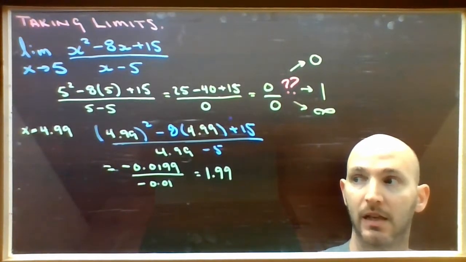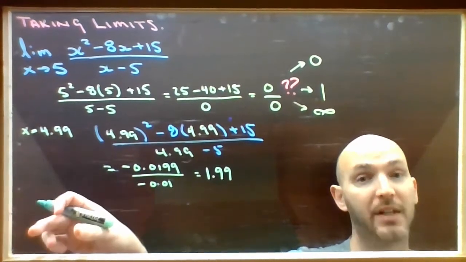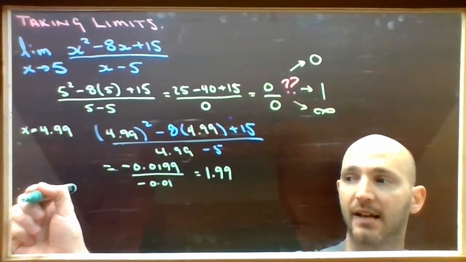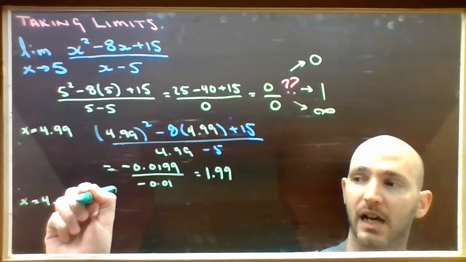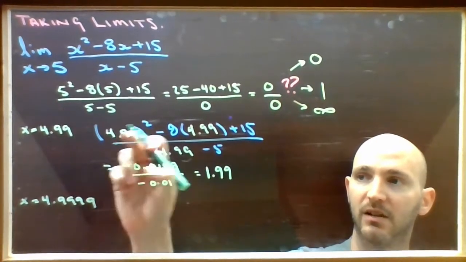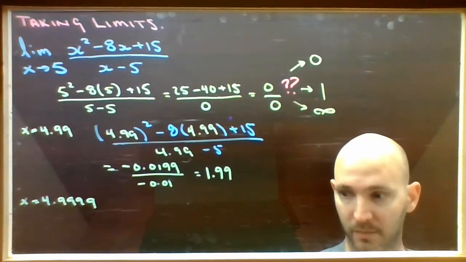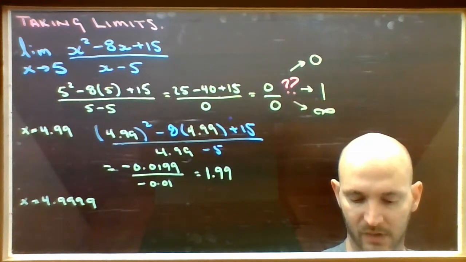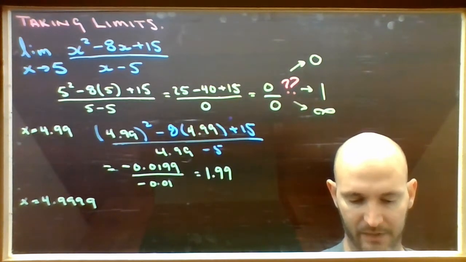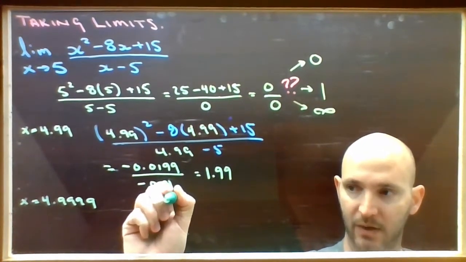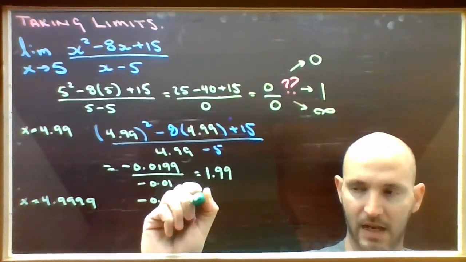Okay. Now when we do limits, you should pick 3 numbers that are getting ever closer to the value you're approaching. So I'm going to get closer with x is 4.9999. I'm going to do that for the numerator. 4.9999 squared minus 8 times 4.9999 plus 15 is negative 0.00019999.